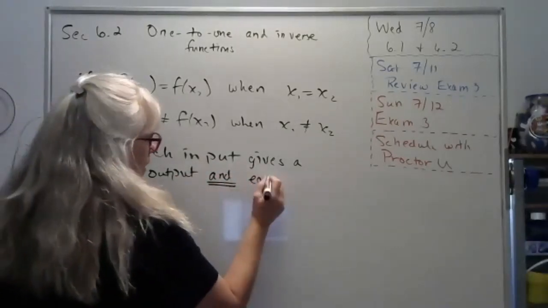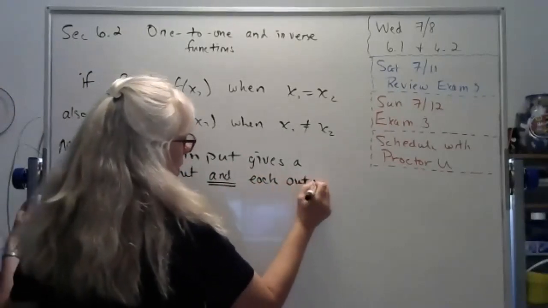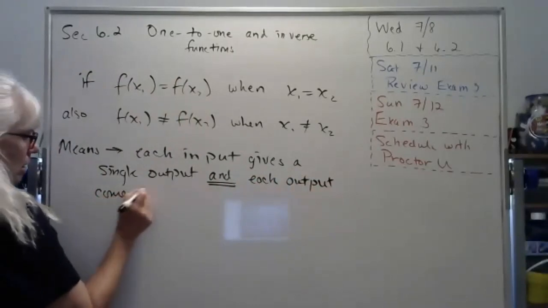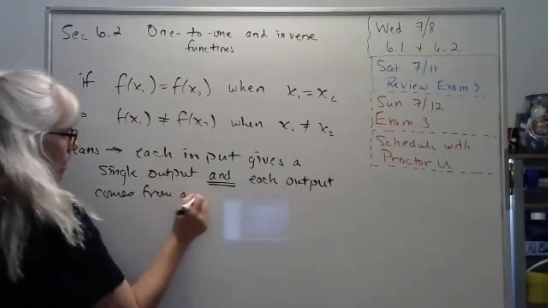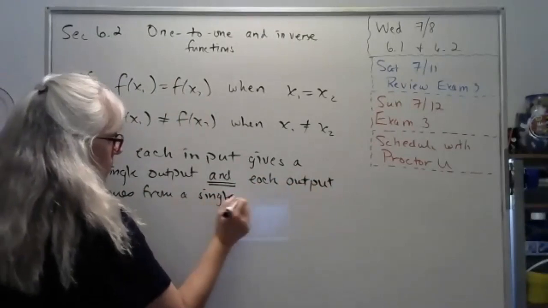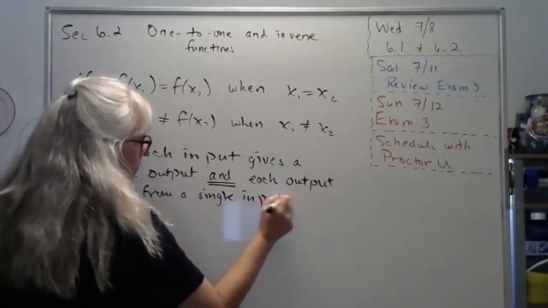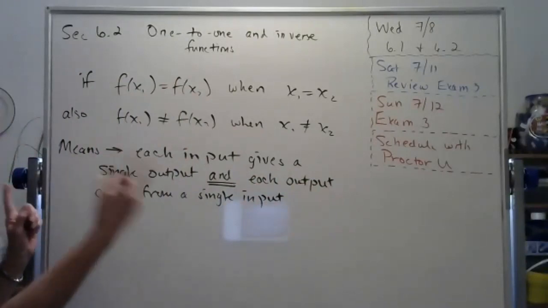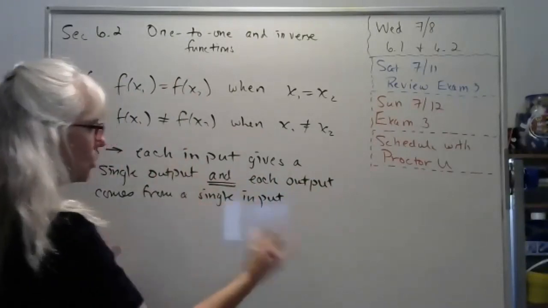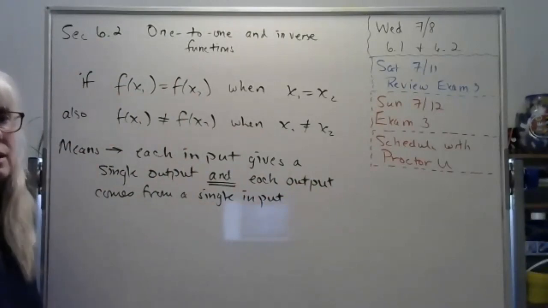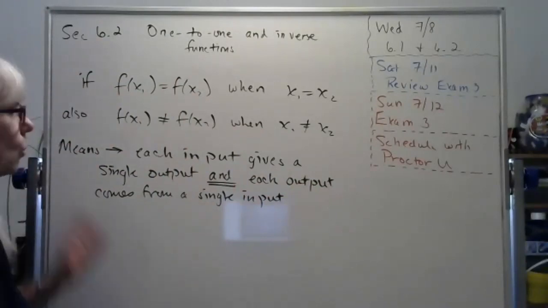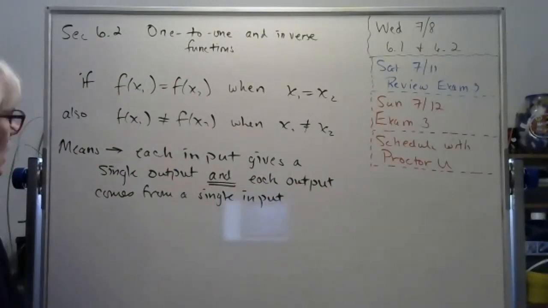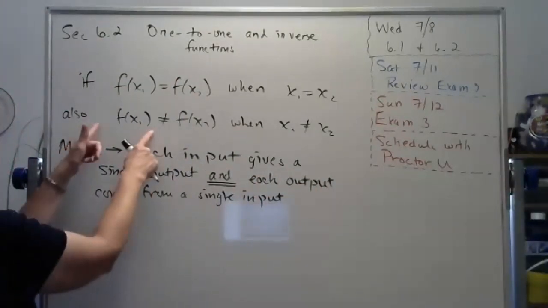And each output comes from a single input. And that's what this second part is adding on to it. So not only does one input give one output, each output can only come from one input. And that's why it's called one-to-one. One input, one output, one output, one input. Okay, so this is what it means. This is the technical definition.